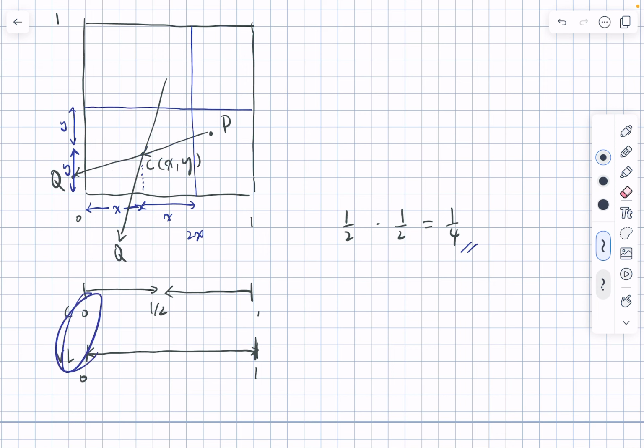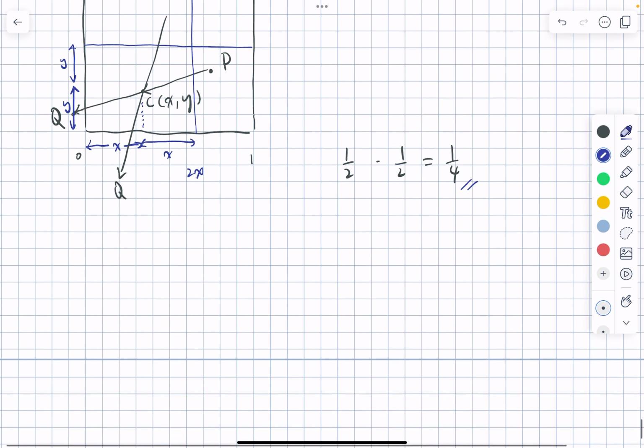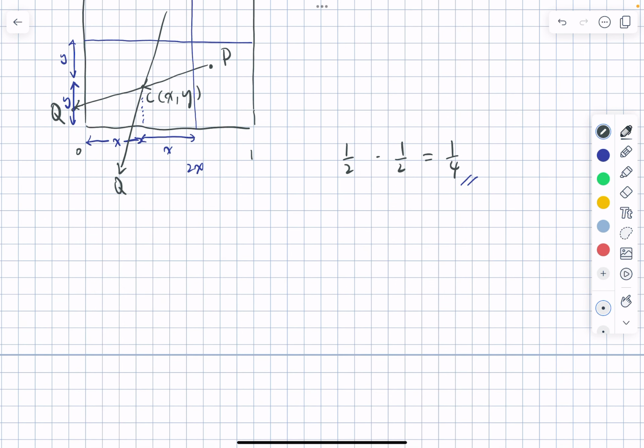So what does this 1/4 actually tell us? Let's clean this up first. This 1/4 tells us that it's actually 4 times as likely, given whatever probability we solve for later, that the circle is inside the square. And why is it 4 times as likely?